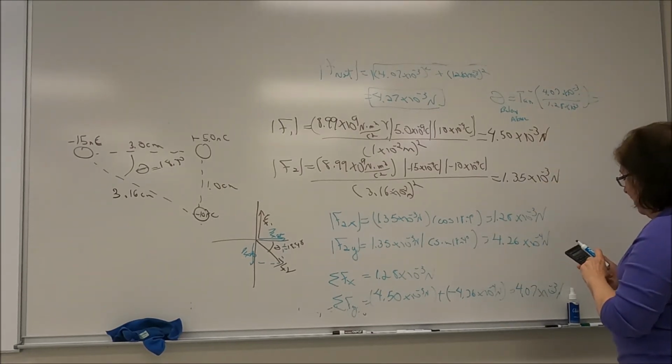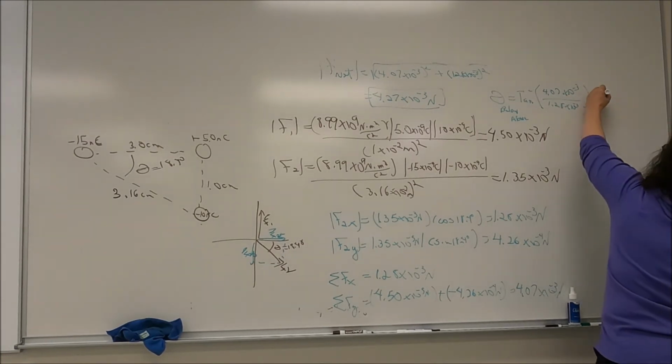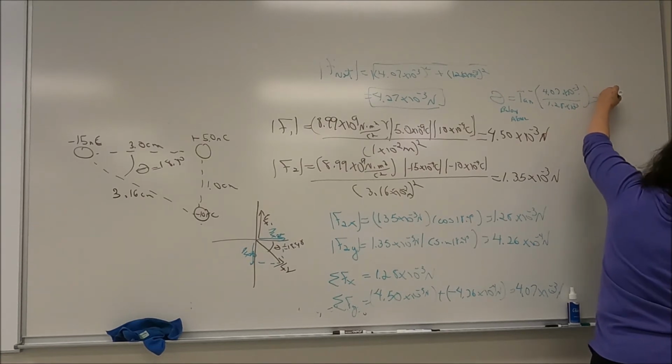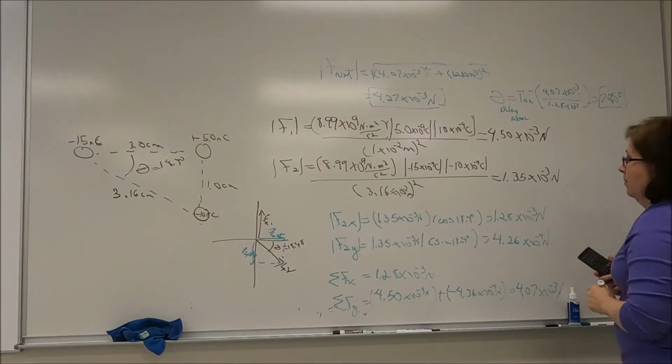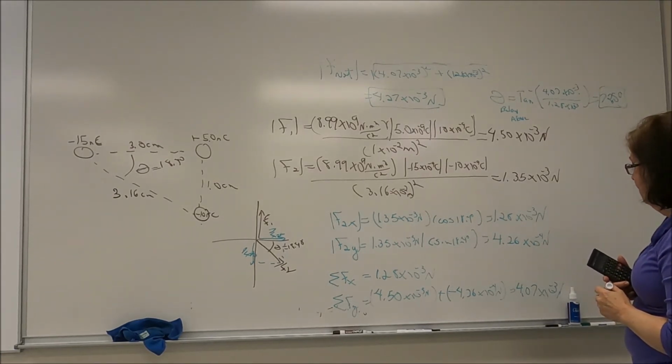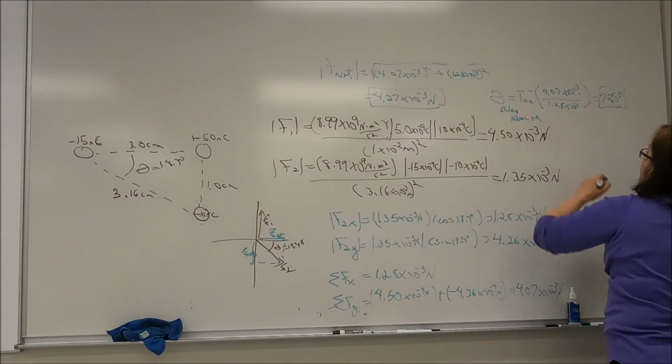So 4.07 divided by 1.28. Inverse tangent, and I get 72.5 degrees. Okay, and that's above plus x.